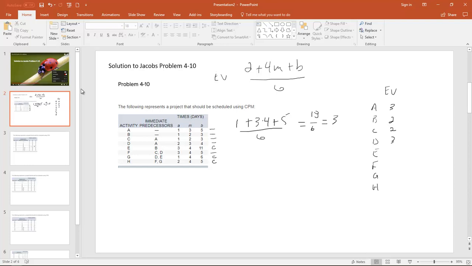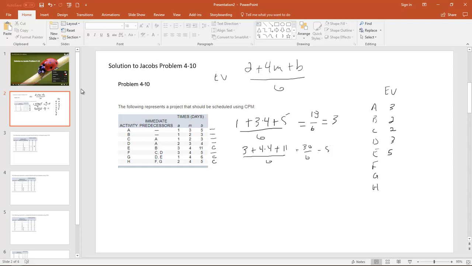E we have to calculate, so it's going to be 3 plus 4 times 4 plus 11 over 6, so that's 3 plus 16 is 19, plus 11 is 30, so 30 over 6 is equal to 5. So our expected value here is 5 for E. We just calculated that one.